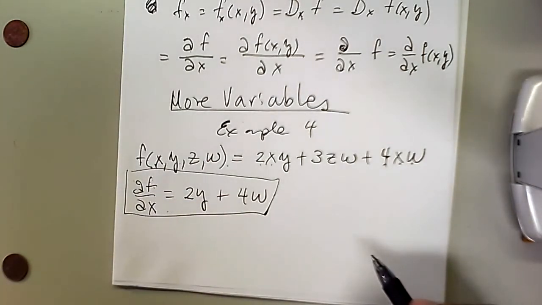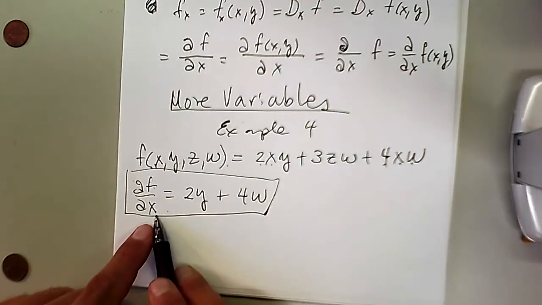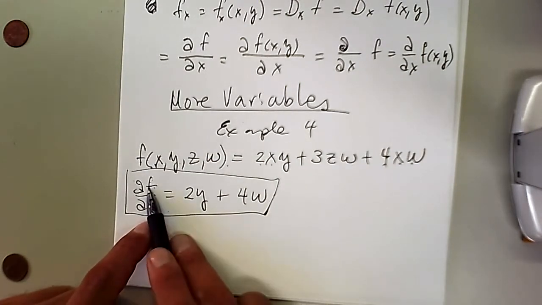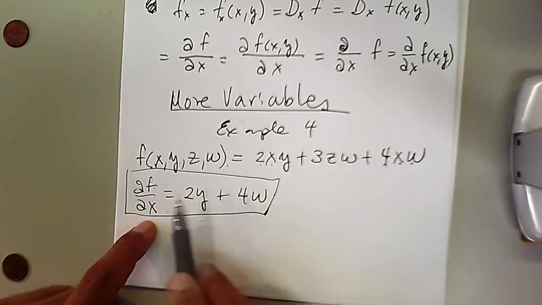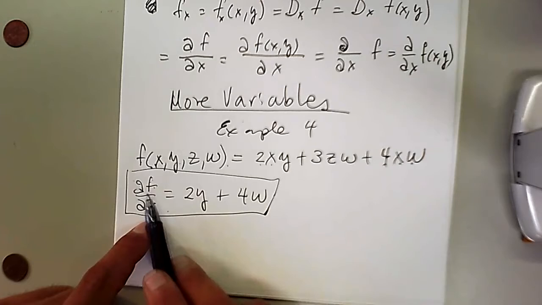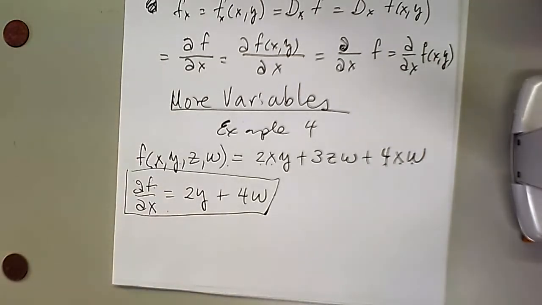So that means as x increases, the output of the function is going to change relative to y and w. And that means that z has no effect on the output if you go in the x direction.